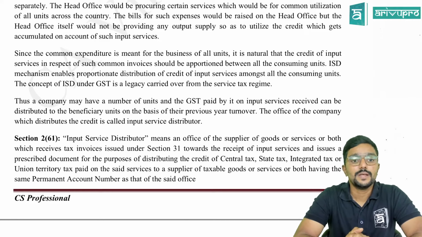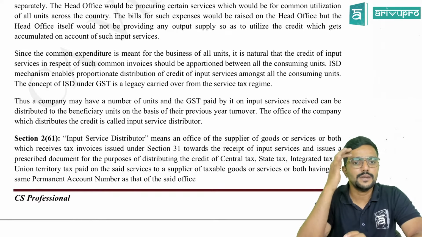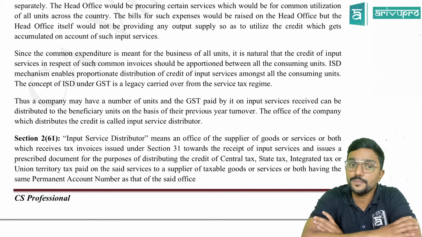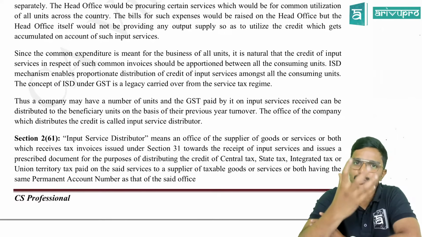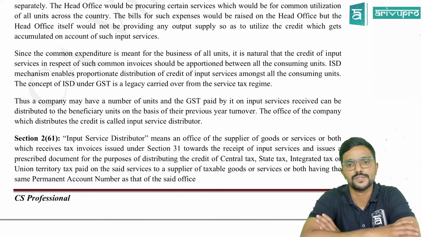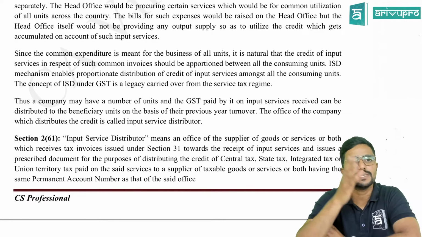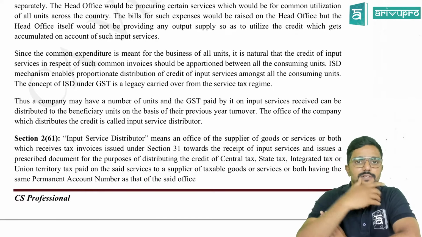Okay. The input service distributor mechanism, in short we call it ISD, enables proportionate distribution of credit of input services amongst all the consuming units. Consuming units means the branches who are using the services. The concept of ISD under GST is a legacy carried over from service tax. Previously, this provision was also there under service tax before the introduction of GST.